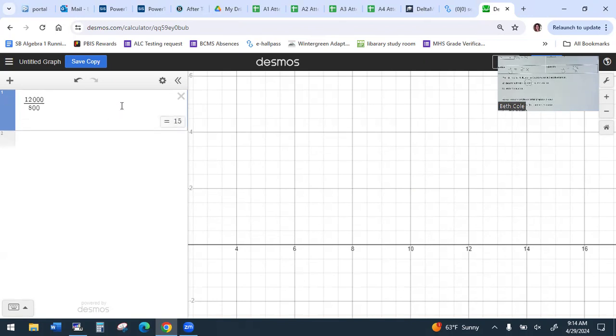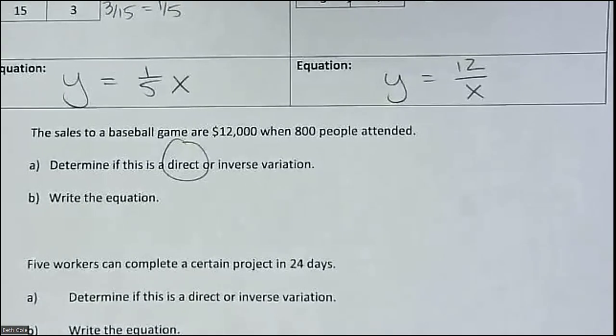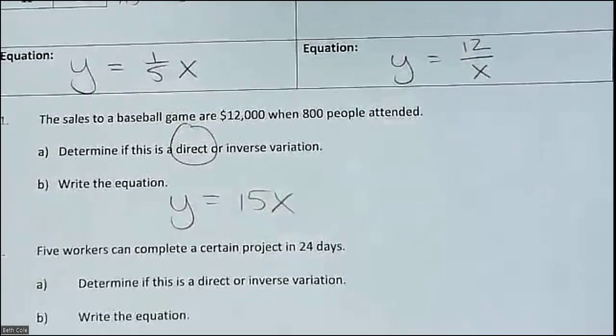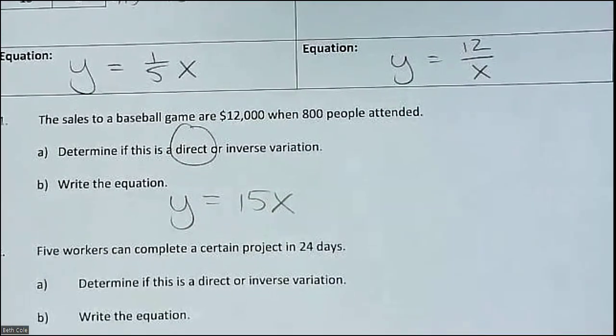And what does that represent? If they made $12,000 for 800 people attending, what does the 15 represent? How much the ticket was. That's how much one ticket cost, $15. So it's going to be Y equals 15X. It means if you want to go to that baseball game, it costs $15.